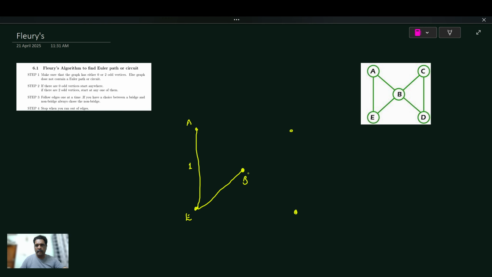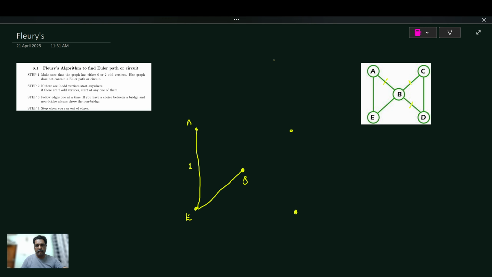Then from B, we have 3 edges available: from B to A, from B to C, B to D. Out of these 3 edges, the edge from B to A is a bridge of the remaining graph.